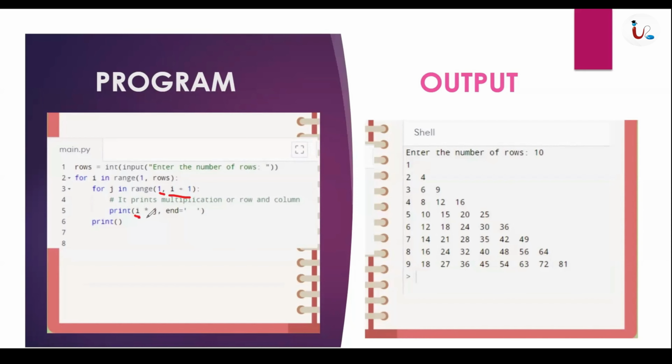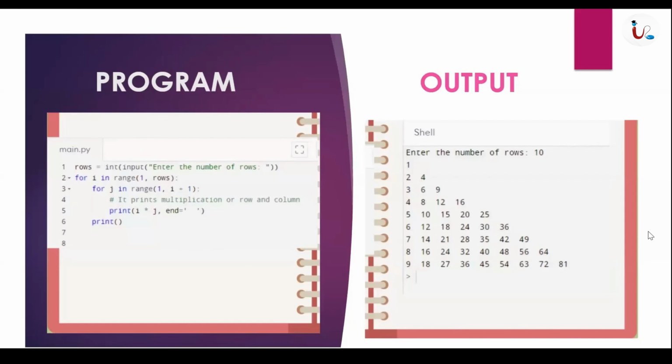I is the number of rows, j is the number of columns. In the first execution, 1 into 1, the output is 1. When I becomes 2, it will print 2 into 1, 2, then 2 into 2, 4. Then when I becomes 3, it will print 3 into 1, 3, 3 into 2, 6, 3 into 3, 9. Like that, it will continue.